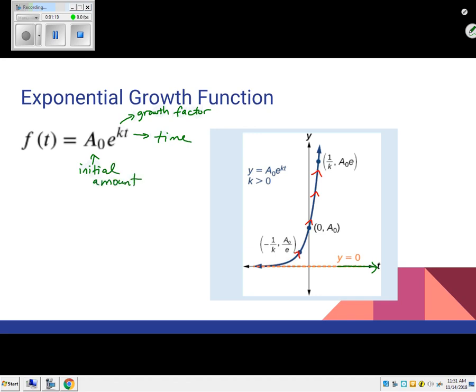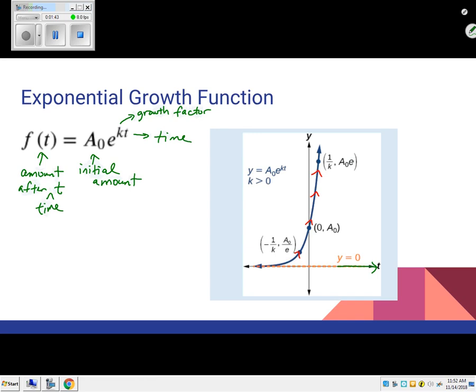Initial number of people, initial number of bacteria, whatever we're talking about that is growing exponentially. And so f of t is the amount after time t that I would have.